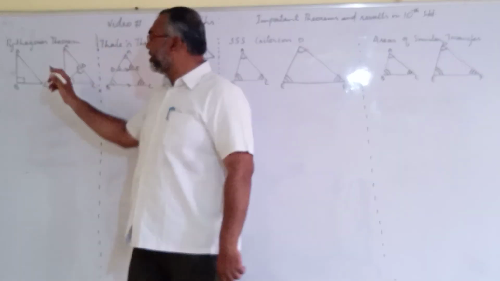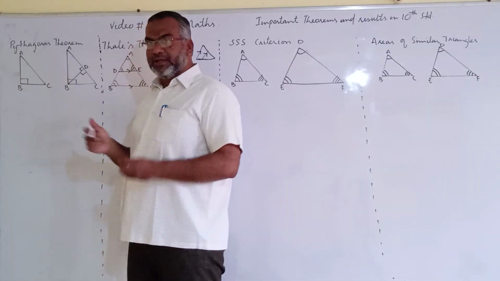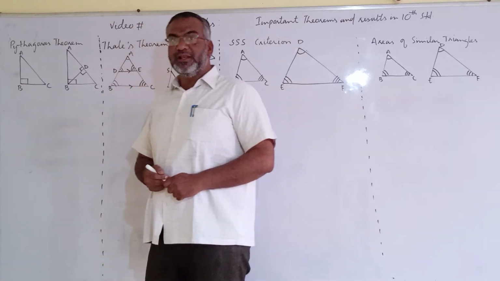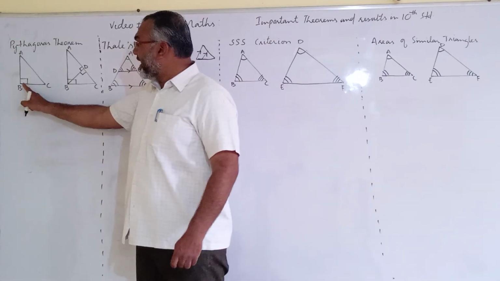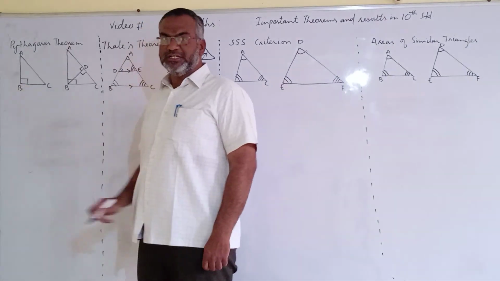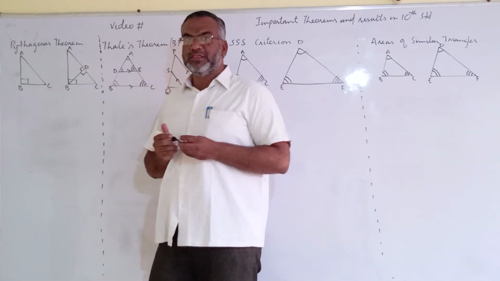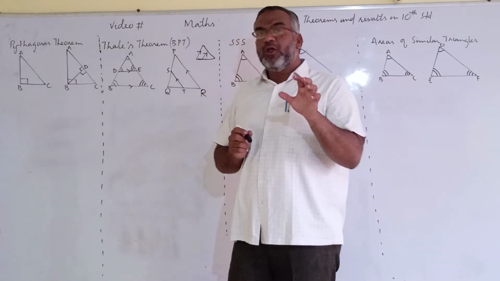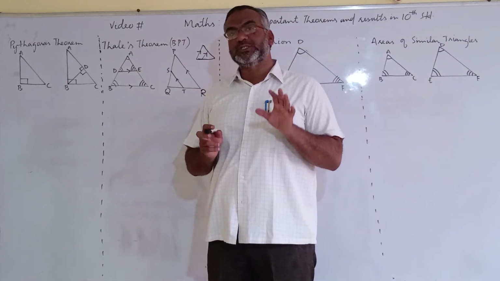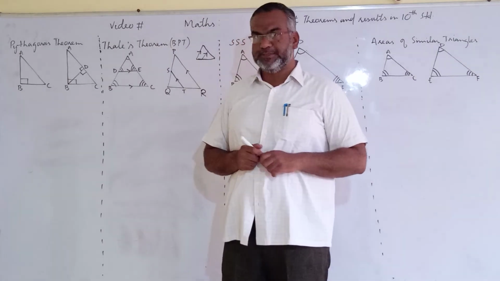As you know, Pythagoras theorem is based on a right triangle, a triangle in which one angle is 90 degrees. Here angle B is 90 degrees, and according to Pythagoras theorem, the square on the hypotenuse is equal to the sum of squares of the other two sides.